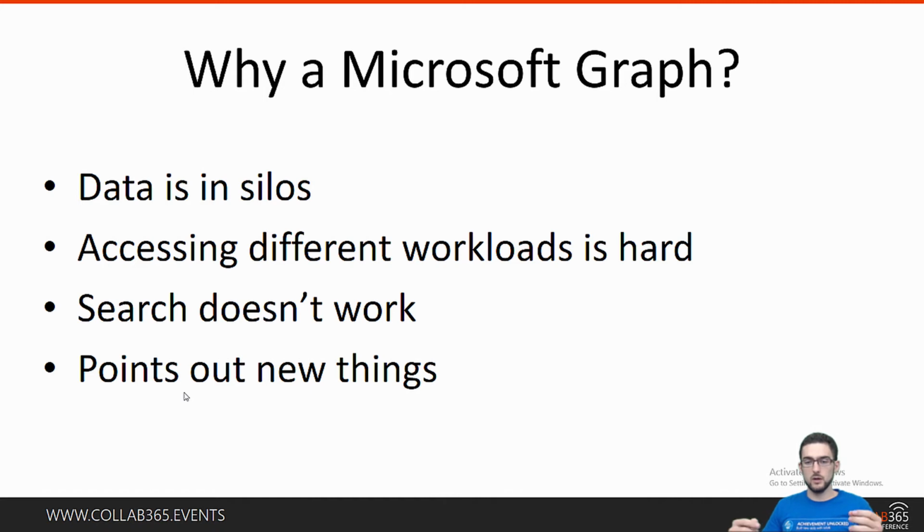And it was very complicated to get, for example, all the conversations talking about a document which is related to maybe this phone call and so on. Doing queries about data across the different workloads, well, is still very complicated.